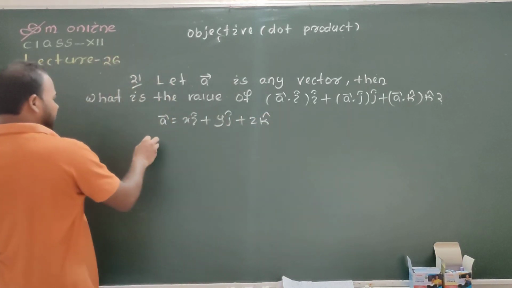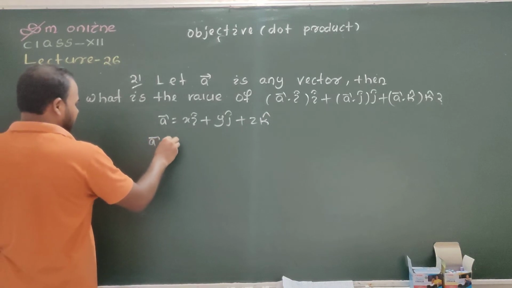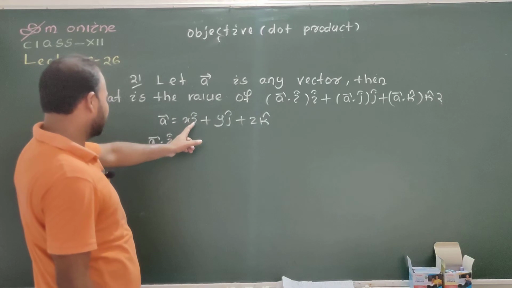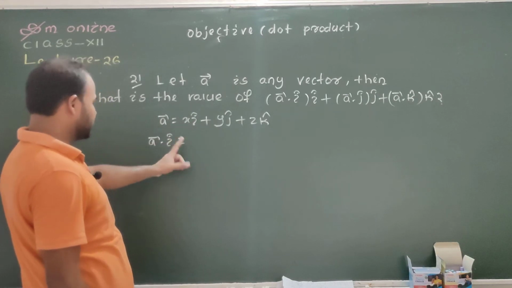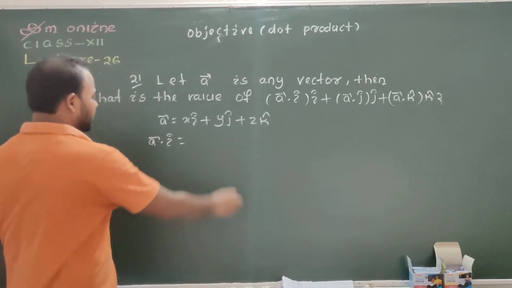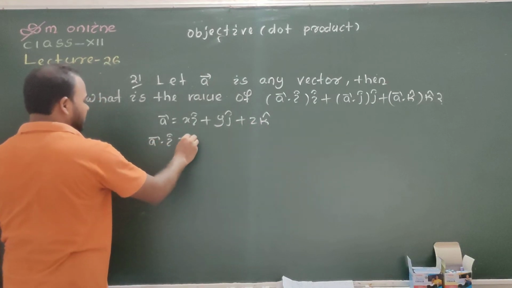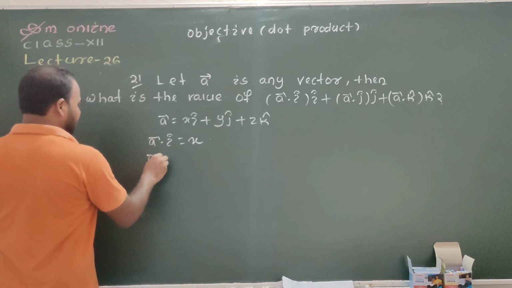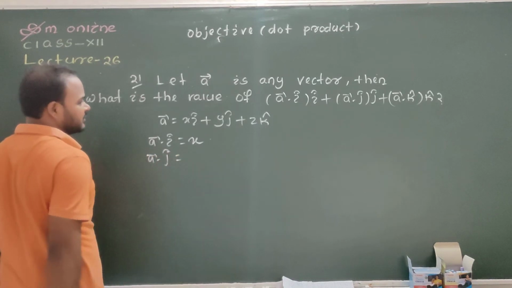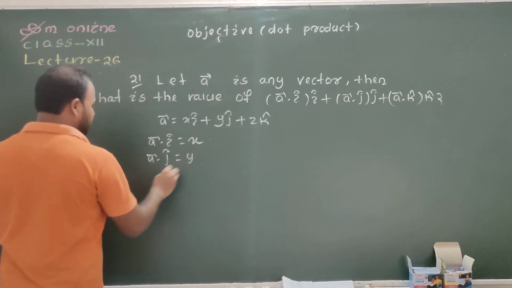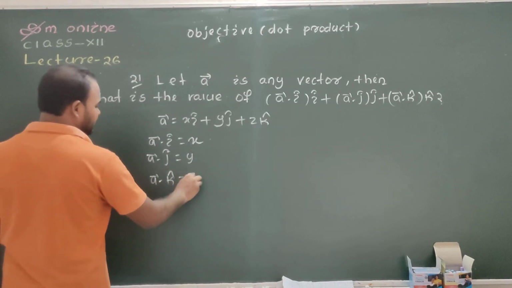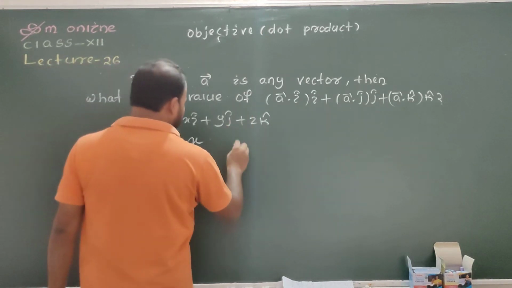Vector A dot I cap means here only I cap and there is no j cap and k cap, so the other terms become 0, and its value is x. Similarly, vector A dot j cap is y, and vector A dot k cap is z.